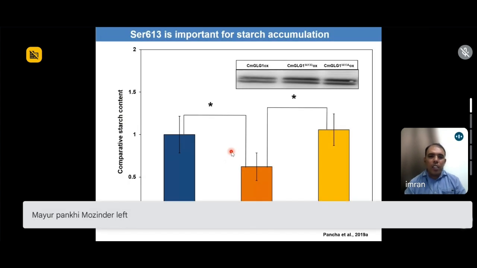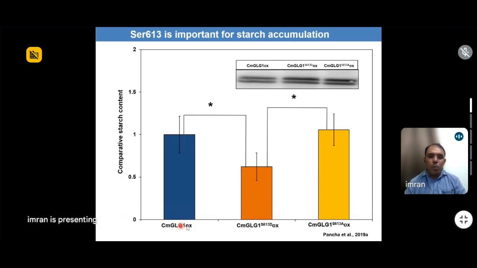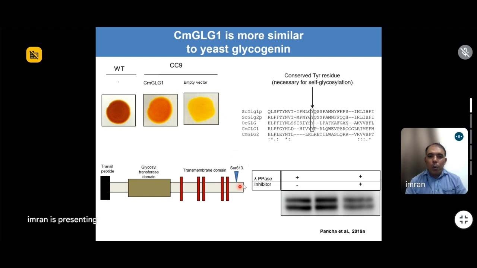We have constructed these CMGLG overexpression strains, with serine converted to aspartic acid, and serine converted to alanine. Then we measured the starch content in all three conditions. As you can see, compared to the wild type overexpression and the phosphomutant overexpression, here we observed almost a 60% reduction, which indicates that the serine 613 residue is very critical for the activity of the glycogenin.